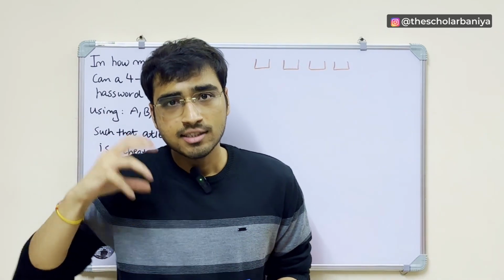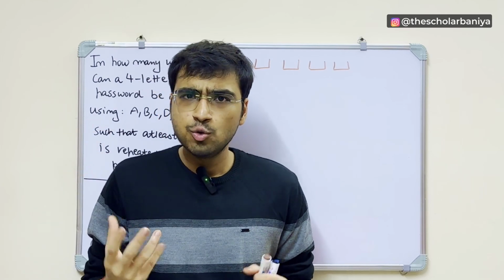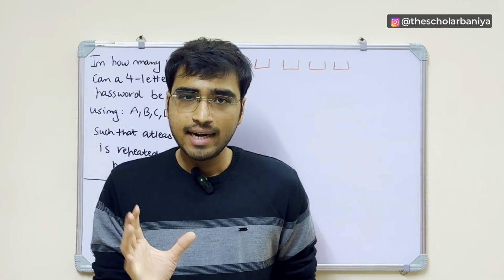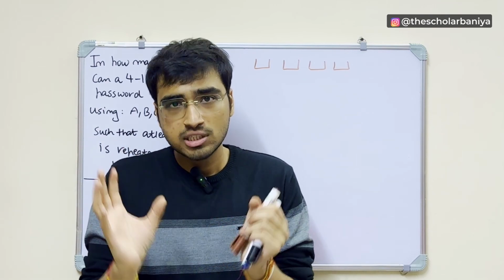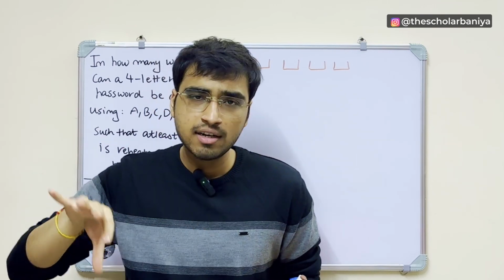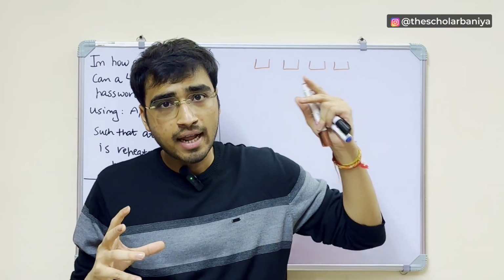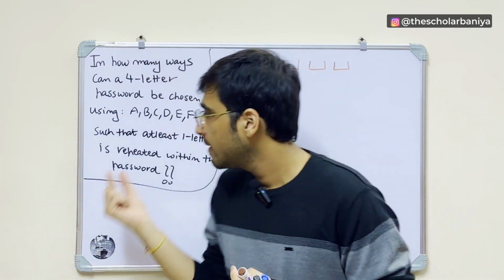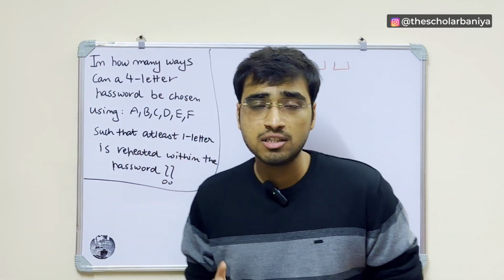So in this question, we have to find that at least one letter is repeated. Let's assume that no letter is repeated. We find all the possible cases where no letter is repeated, then we subtract it from all the possible cases, and then we get the cases where at least one letter is repeated.